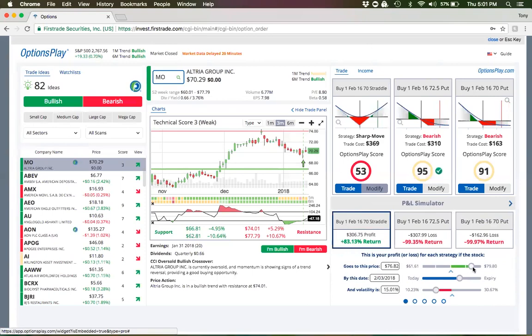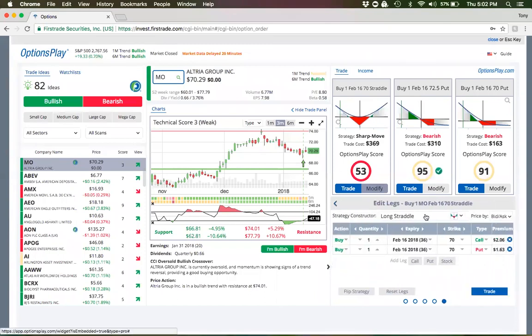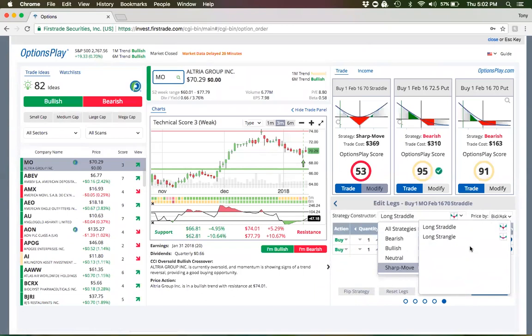And this is a very large move. You would have to make almost a 2 standard deviation move for this straddle to return 100%. Vice versa, the stock has to move substantially below a 1 standard deviation move for this straddle to be profitable. So that's as much as I'll cover here on straddles, but you can set them up by clicking on modify, clicking on sharp move, and that will bring up straddles and strangles.